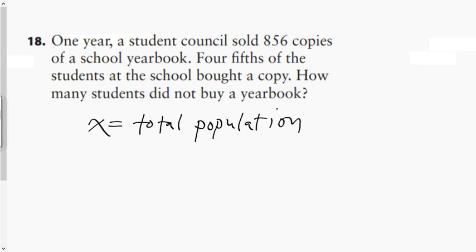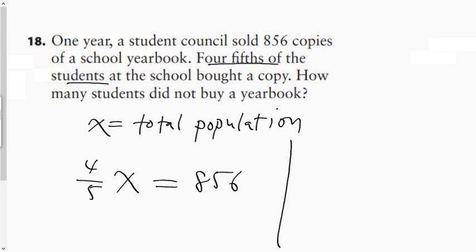Here we go. So if 4/5 of the students at the school bought a yearbook, then 4/5 of all of the students bought a yearbook, and that is the number 856. Now, if you are intelligent, you will never use fractions if you can use simple decimals. What would this question look like as a decimal instead of a fraction?